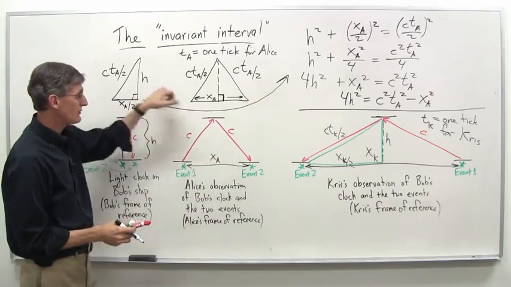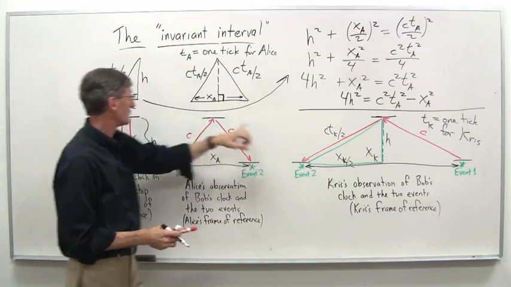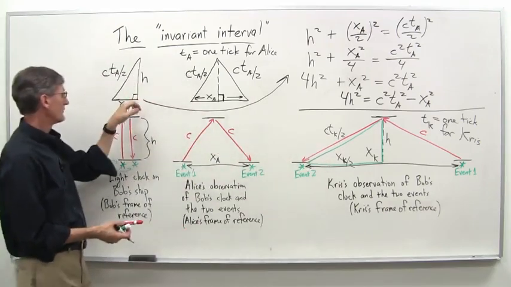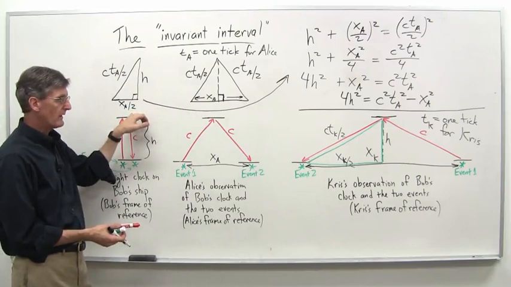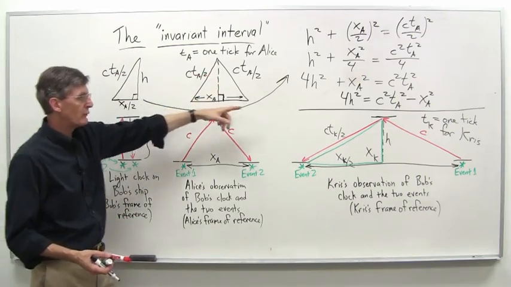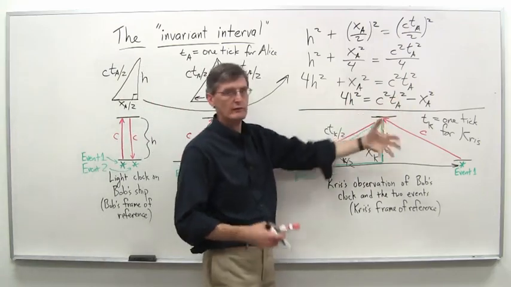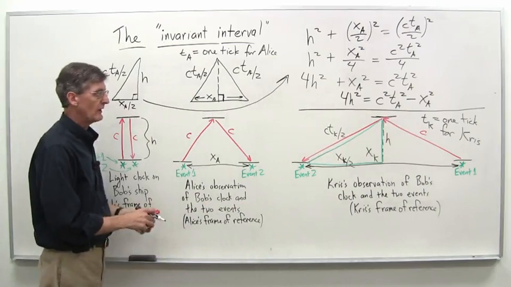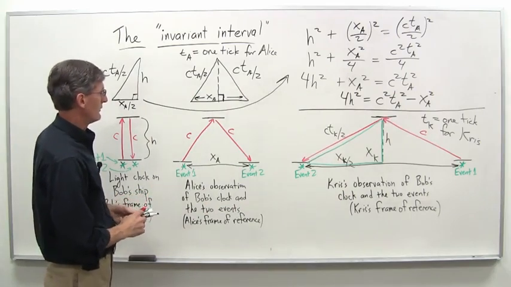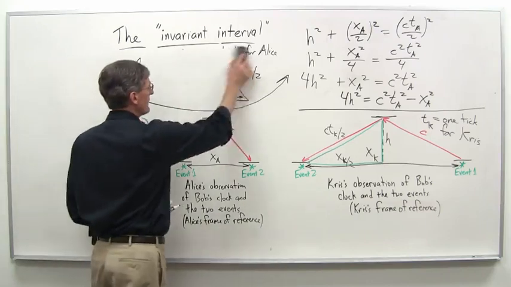Okay, we have h is the same. That's going to be important here in a minute. But we have c tk over 2 versus c ta over 2, and xk over 2 versus xa over 2 here. We could do the exact same analysis, draw the little triangle, do the Pythagorean theorem. We get the exact same result, except instead of TA and XA, we'd have T sub K and X sub K. Okay, so I think we can get rid of this now.